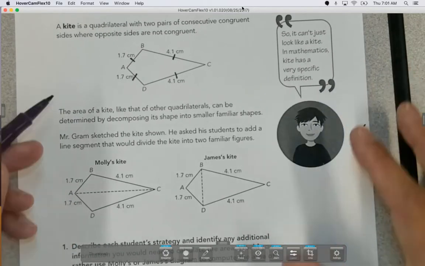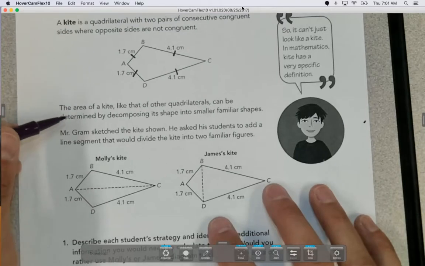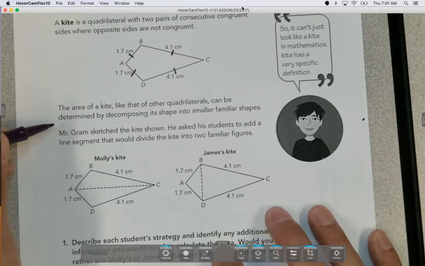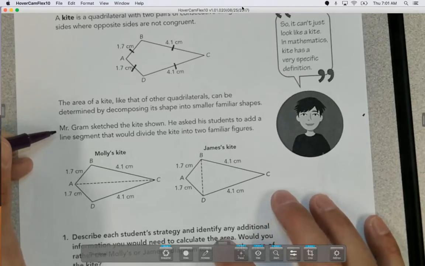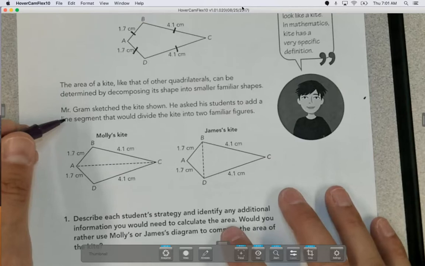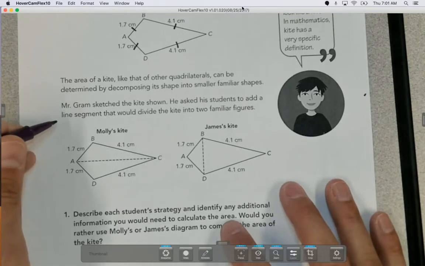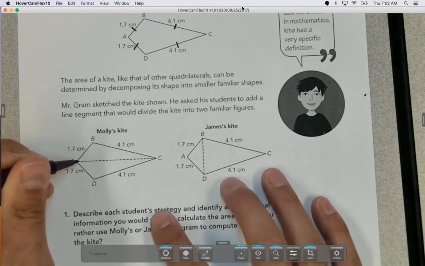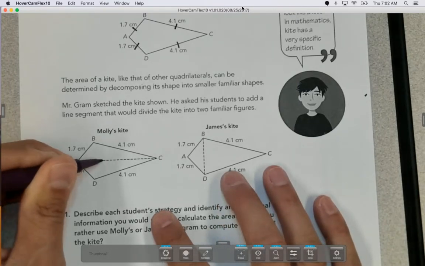The area of a kite, like that of other quadrilaterals, can be determined by decomposing its shape into smaller, familiar shapes. So Mr. Graham sketched the kite shown. He asked his students to add a line segment that would divide the kite into two familiar figures. And so we have Molly's kite, and Molly took it and divided it this way.